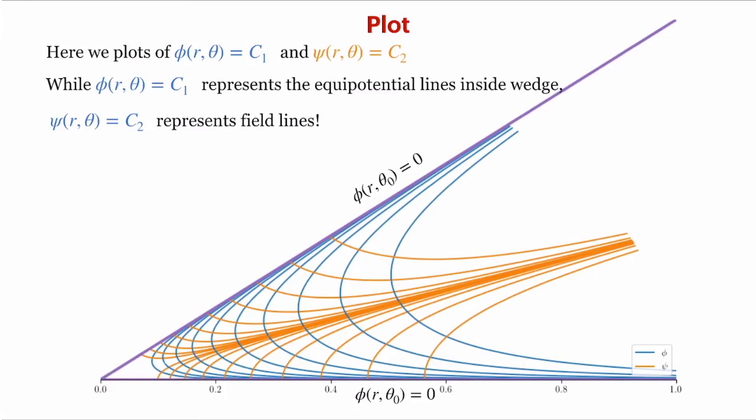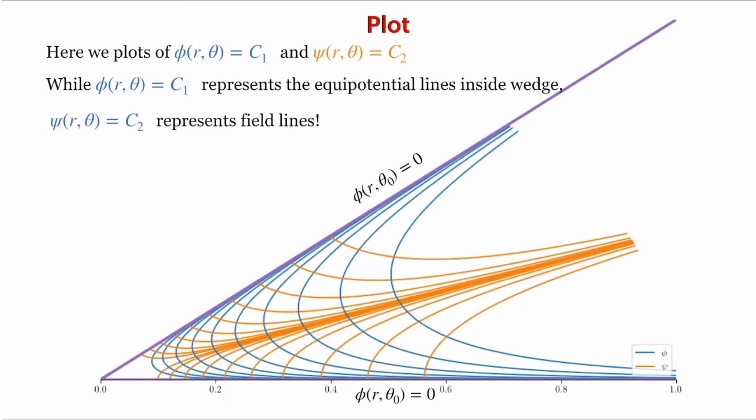This is how you visualize the potential and the field lines using the analytic function. Everywhere you can see how the potential and field lines look inside your domain of interest. Now the interest is in understanding what happens when the angle theta naught takes different values.